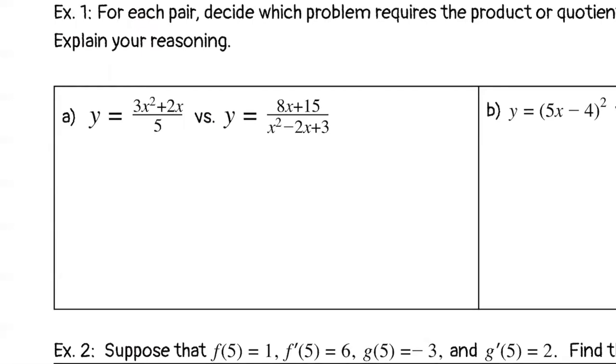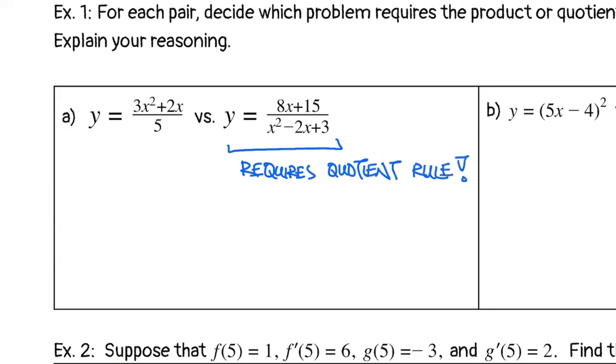Okay, so let's write this out here in blue, that this requires quotient rule. All right, this one requires the quotient rule. Now, how then could we avoid quotient rule for the first one?